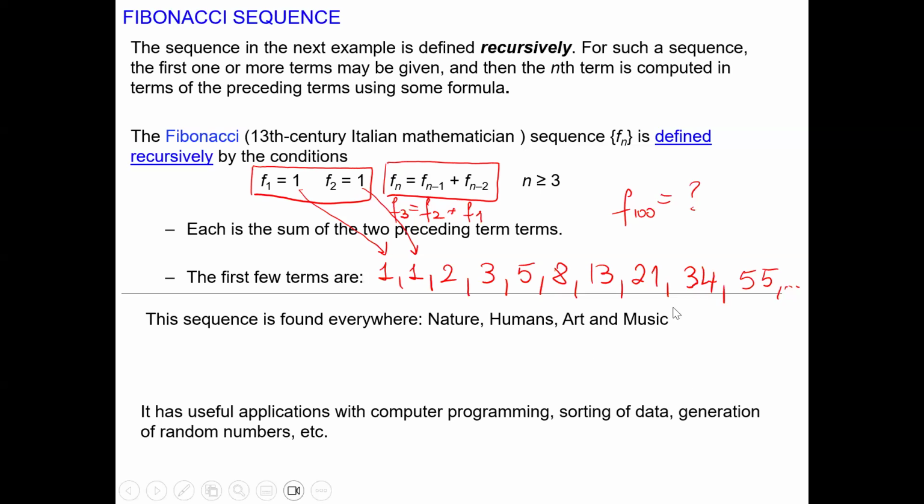Now let's spend 1-2 minutes talking about this Fibonacci sequence, because even if these numbers look random, they are not random, they are bound to this formula, but we can find them everywhere. Nature, humans, art, music.